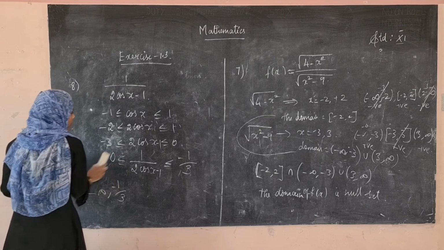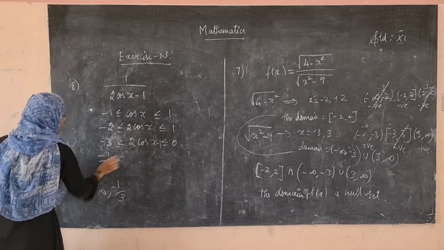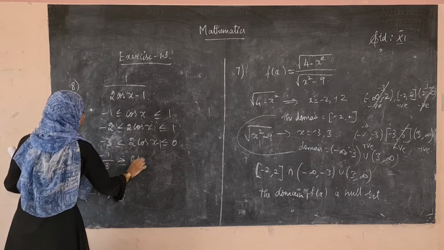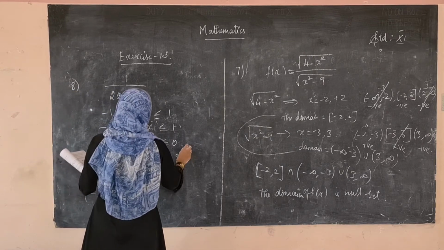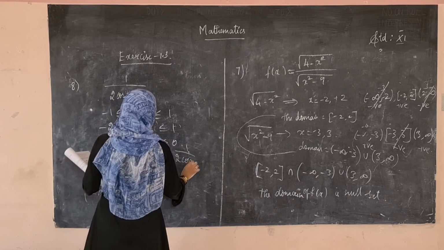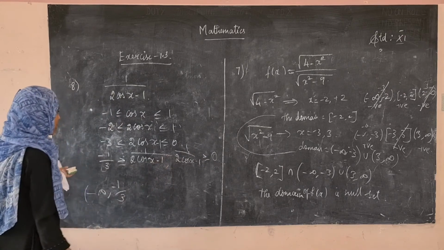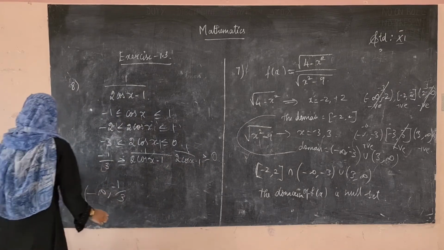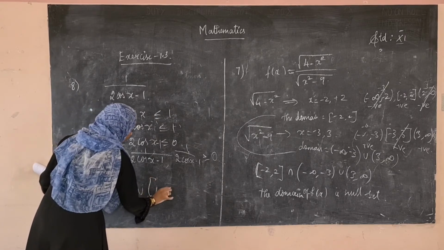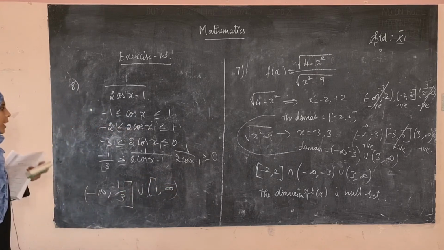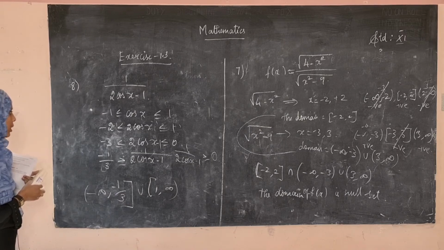See here, minus 1 divided by 3 greater than or equal to 1 divided by 2 cos x minus 1 on the one side, and 1 divided by 2 cos x minus 1 greater than or equal to 1 on the other side. The value cannot be 0, so the range is minus infinity to minus 1 divided by 3, union 1 to infinity. So, this is the range of the given function.